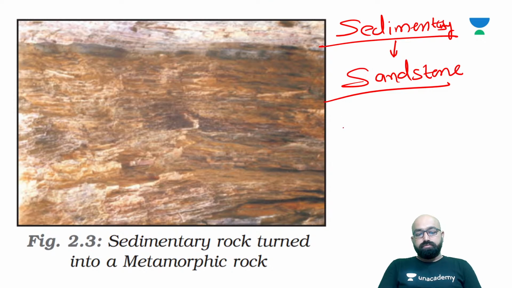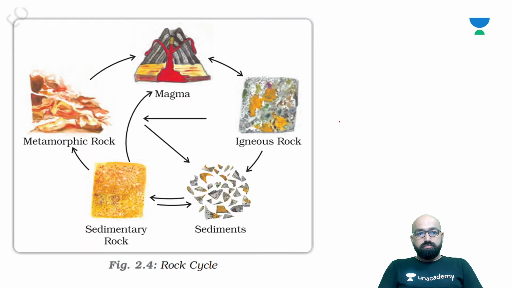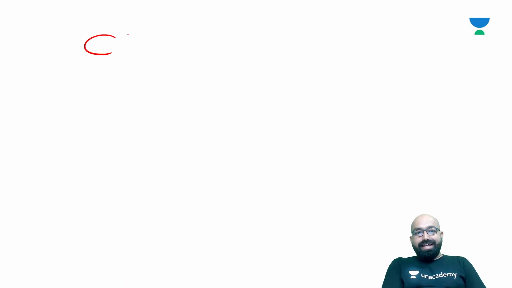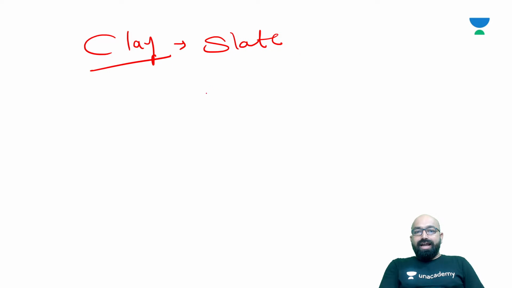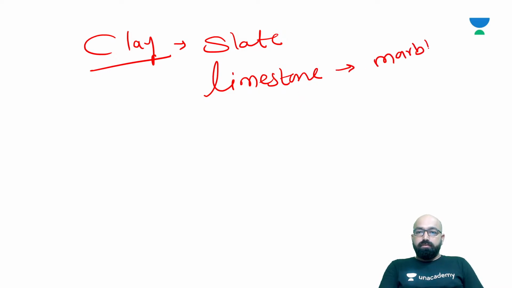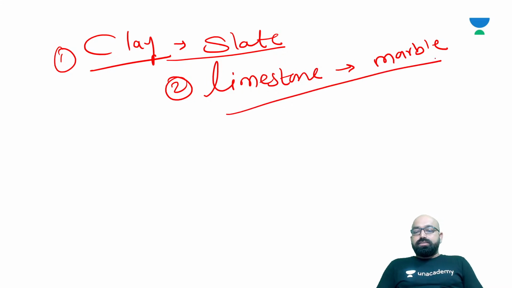For example, clay changes into slate, and limestone changes into marble.